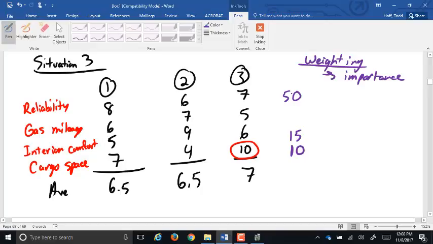How about gas mileage? Where does that fall in there? Is it a little bit more important than interior comfort or a lot more important? So maybe give it like a 25, a 30? Or is it closer to reliability? Is it like a 40?